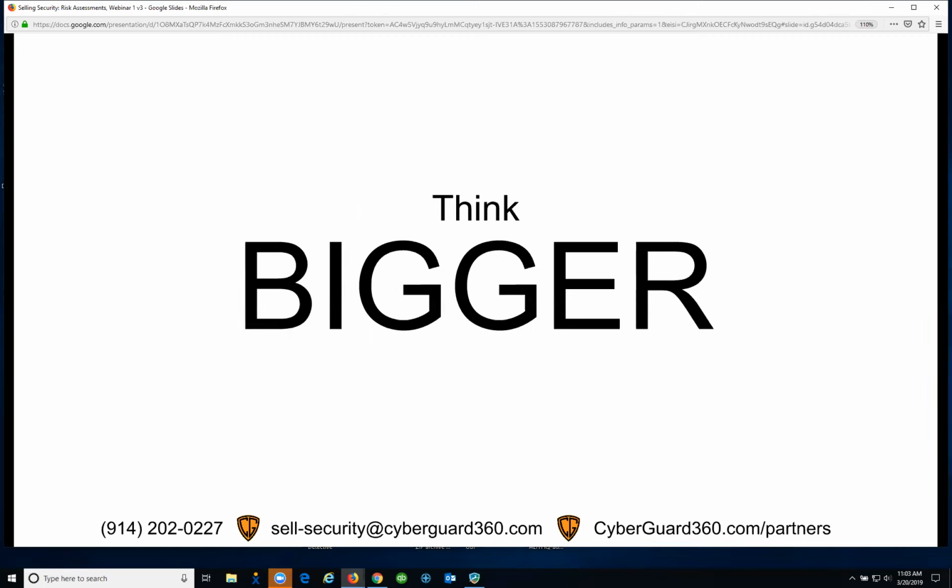So first, I want you to think bigger. What does that mean? A typical MSP thinks within the four corners of technology. If you think about what you do as an MSP or an IT service provider or an IT consultant, you tend to look at an enterprise relative to their technology footprint, either the footprint that they have today or the footprint you believe they need to have to be successful. That has been a terrific thing for MSPs to do.